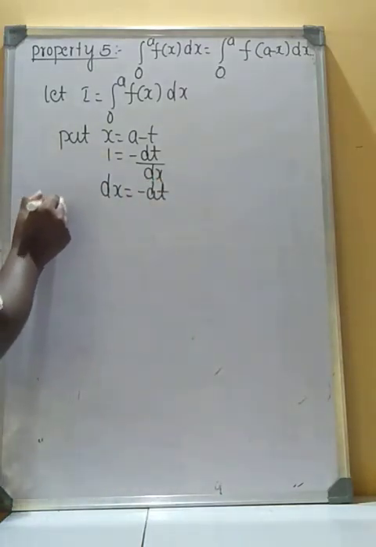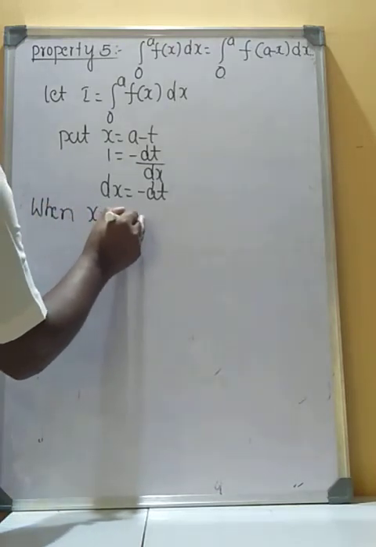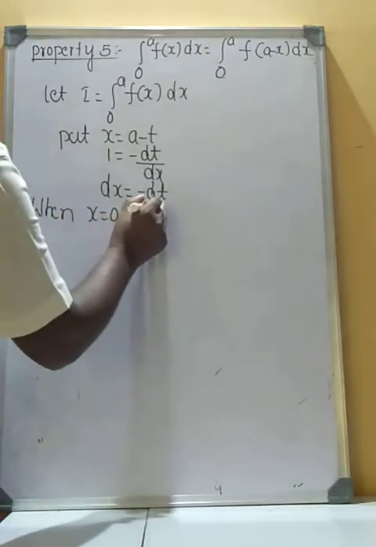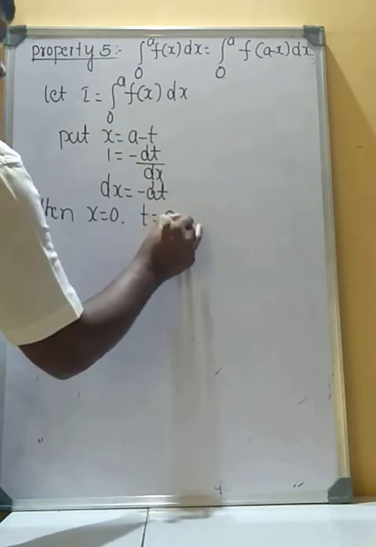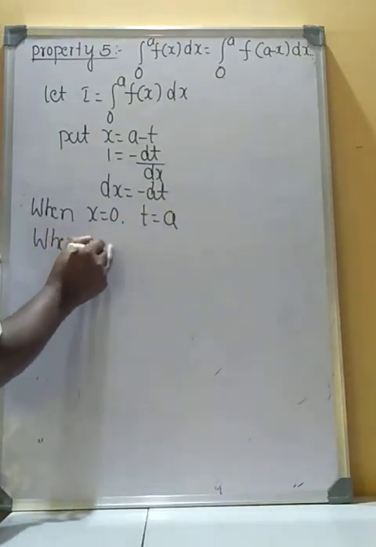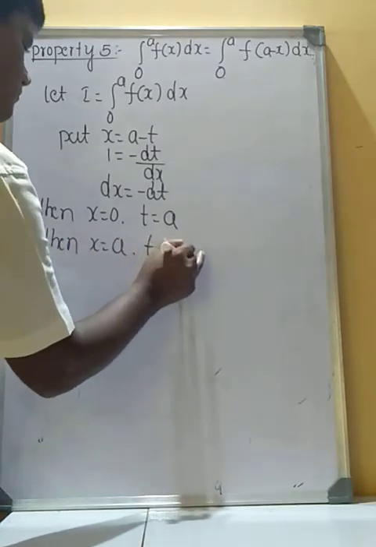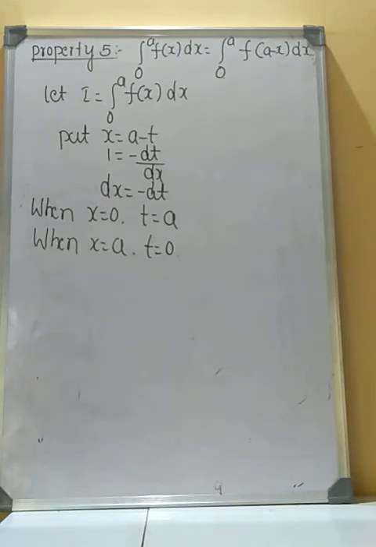When x is equal to 0, t equal to a, and when x is equal to a, t equal to 0.